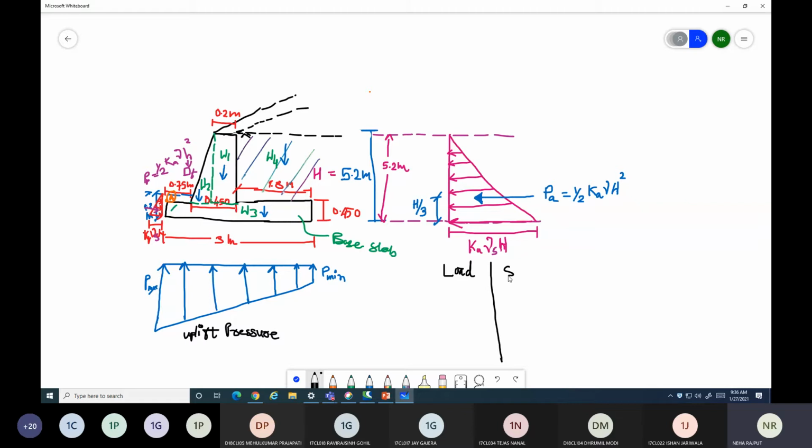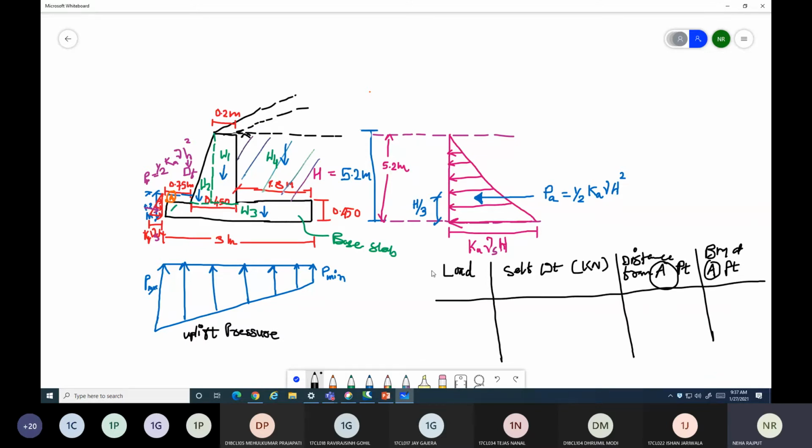Instead of magnitude, you can write self weight also, that is in terms of kilonewton. Then distance from A point. And last is bending moment at A point. So this way you need to prepare this table.